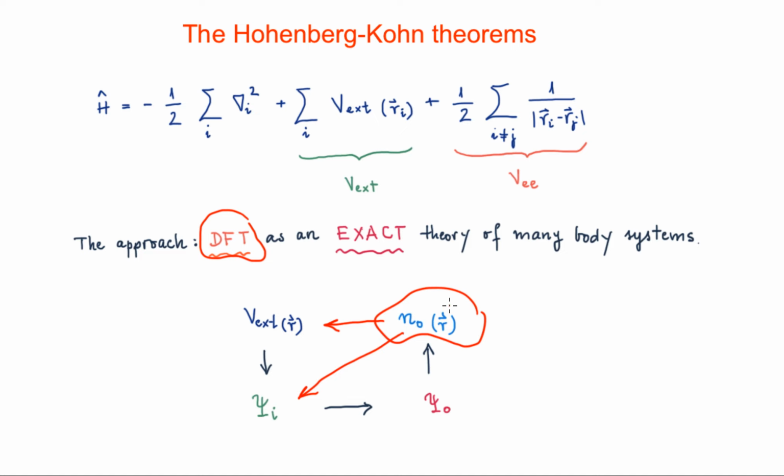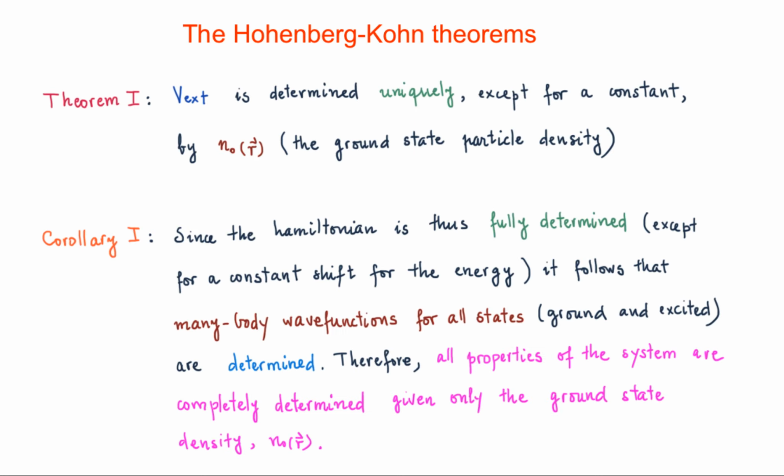Here we are going to just describe the two theorems and the corollary of the two theorems, and we are going to leave the proofs of these theorems for later. Okay, first let's go with the first theorem.